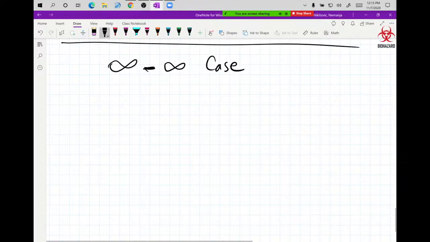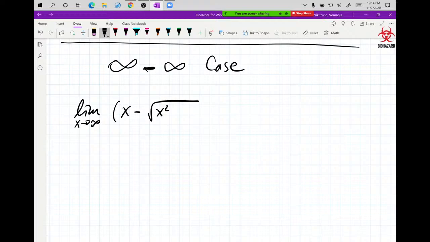And the reason is, when you have infinity minus infinity, let's just take the book example, whatever. X squared minus 3x. All right, so this is the problem you want to solve. And when you take a look at it, you plug in infinity, you do get infinity minus infinity case, right?